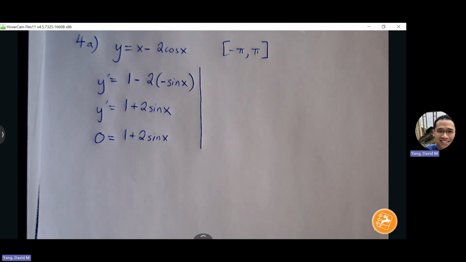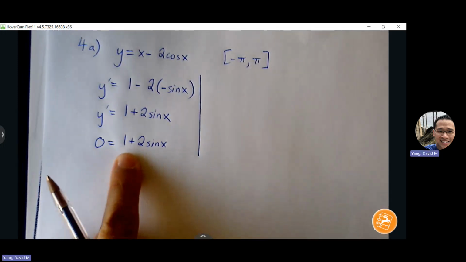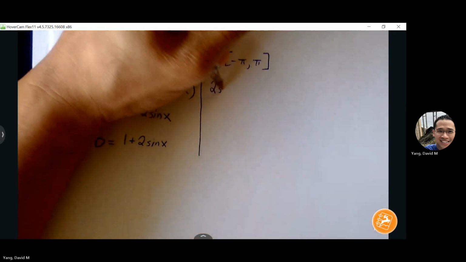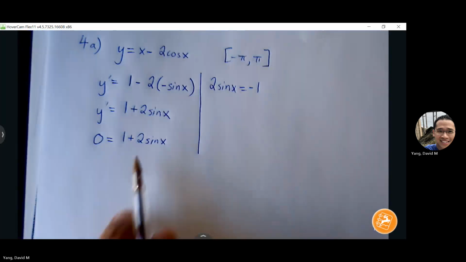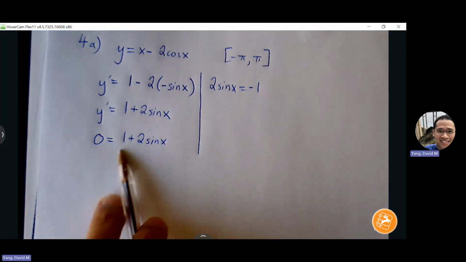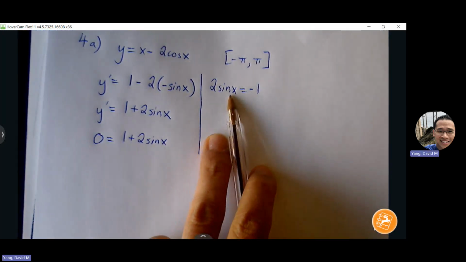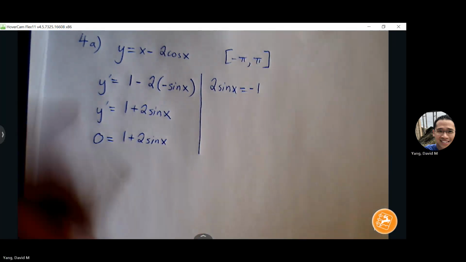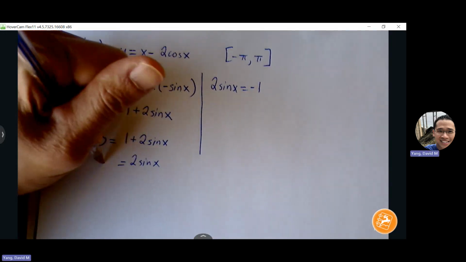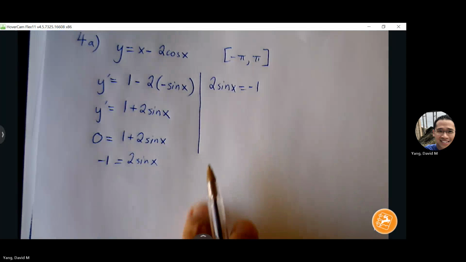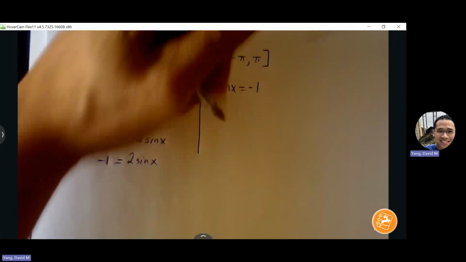plot our slope sign line. Okay, so now we're going to try to solve for x. 2 sine x equals -1. I'm just rearranging it so that I have my sine on the left side here, but basically this is 2 sine x equals negative 1. Okay, divide both sides by 2.